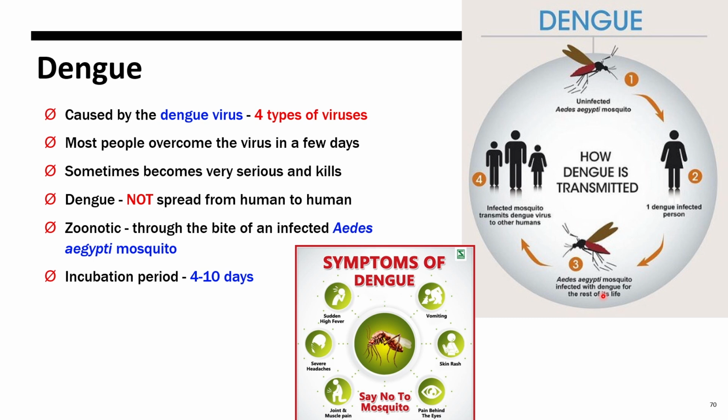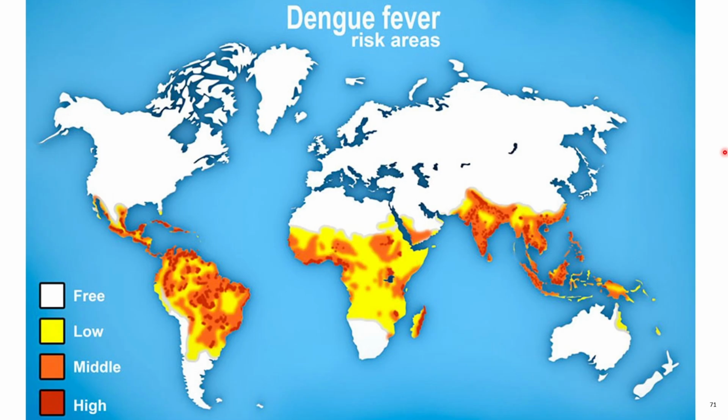It's also spread as a zoonotic disease through the bites of an infected Aedes aegypti mosquito. The incubation period for dengue is around 4 to 10 days. You can see these are some of the symptoms, and this is how dengue spreads. The mosquito bites an infected person, carries the virus, and then infects a healthy person. So this is how it spreads.